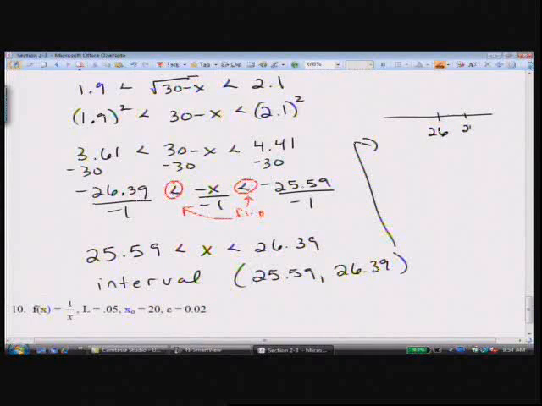So here's 26.39, and here's 25.59. And then this length, if you just find that length on your calculator, 26 minus 25.59 is 0.41, and this length is 0.39. So what is your delta going to be? Because this is my x naught. So delta, always pick the smaller.